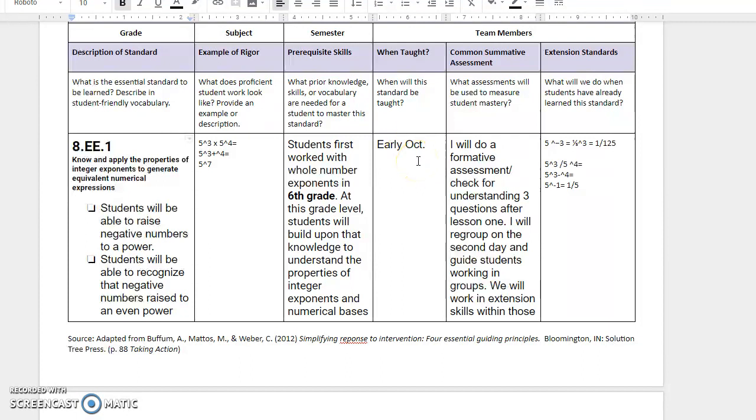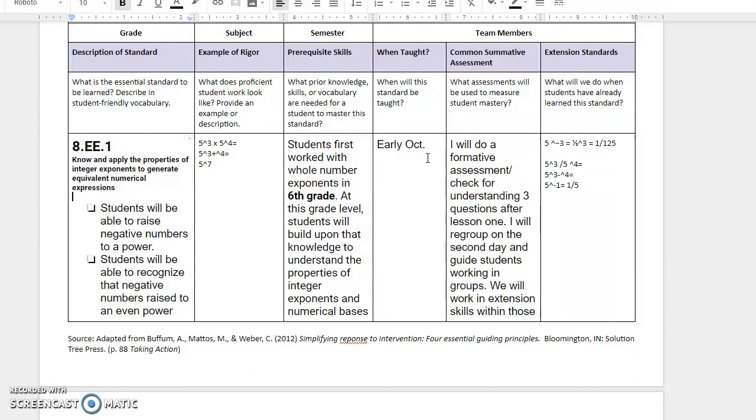Really, I don't know when you would actually teach this in 8th grade. I put early October because it's one of the earlier standards, so it could even be August, September, but that helps us. This column is going to help you as you're going through a class this year, and your units. So when I'm teaching in August, these are the standards I'm hitting, September, October, November.